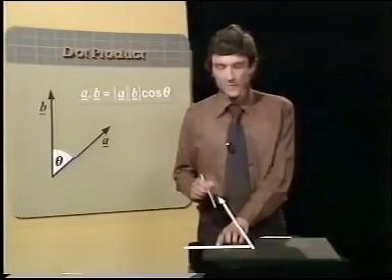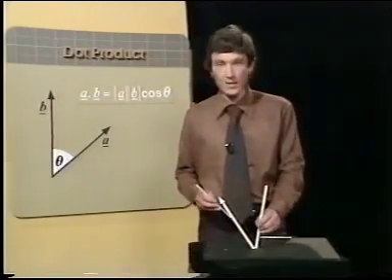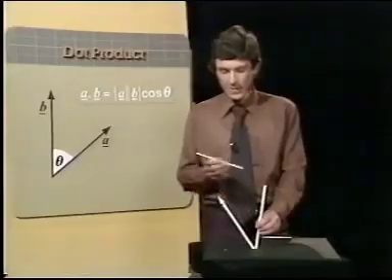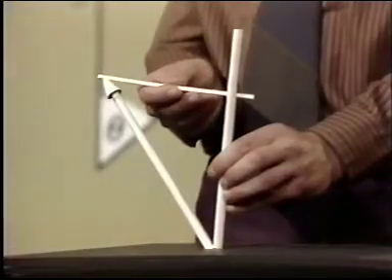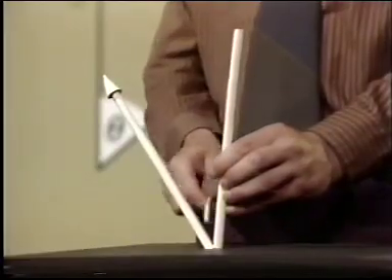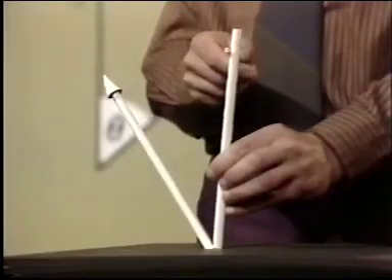It's the same thing for any direction. Here's another direction. Drop a perpendicular from the head of the arrow to the line, and then this distance is the projection of this vector in this direction.